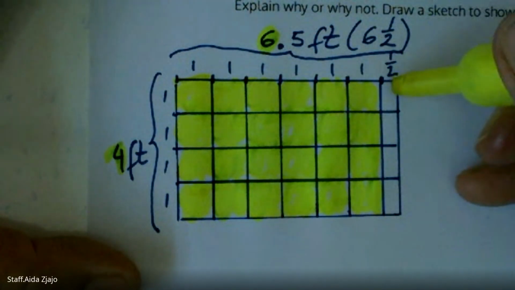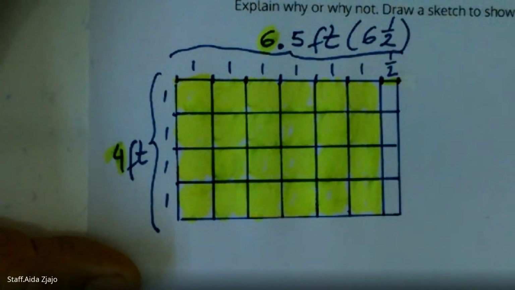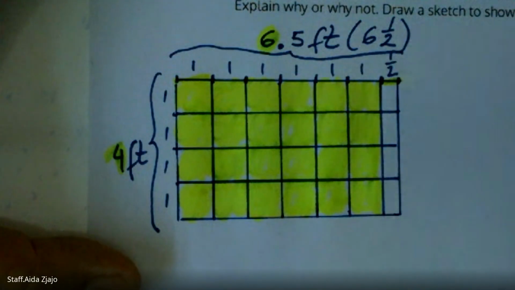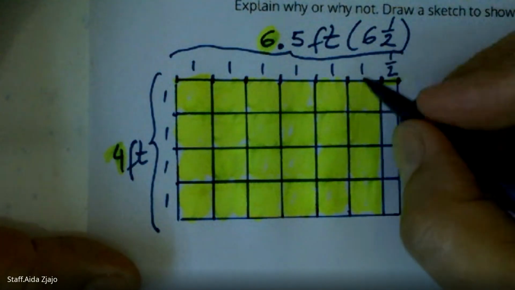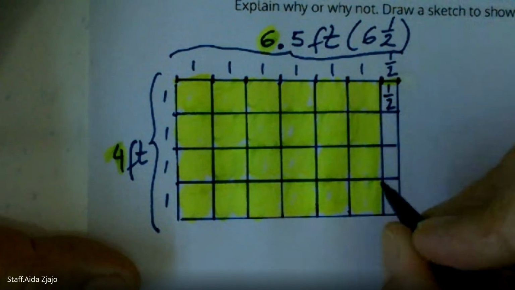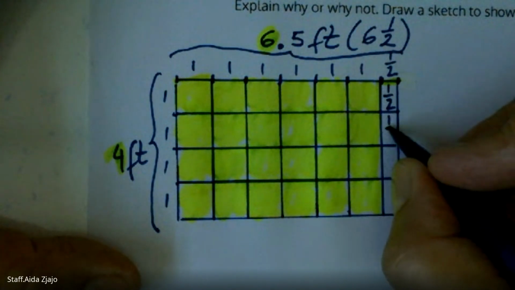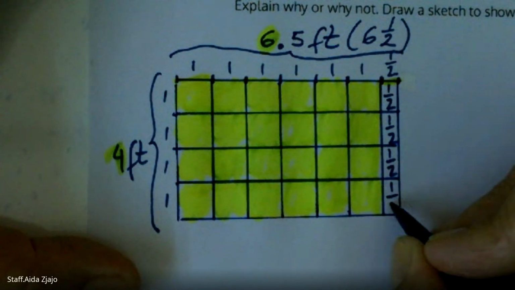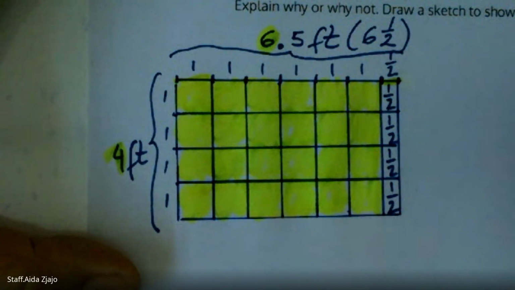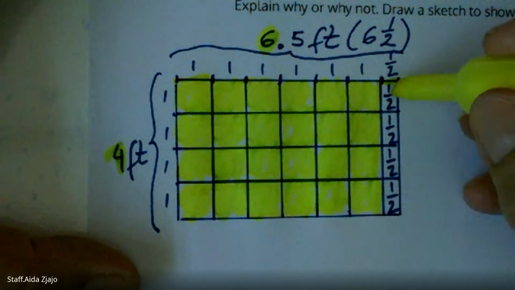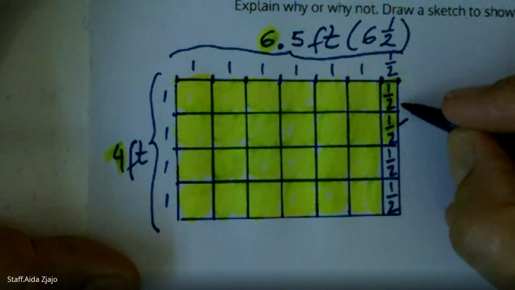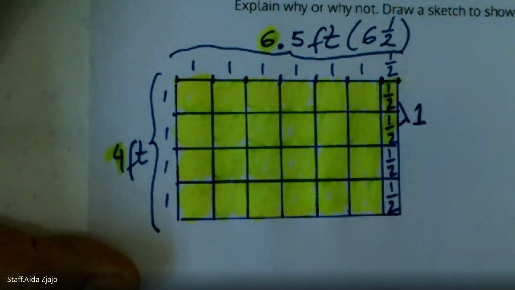Now, this is not a whole foot, it's half a foot. So this is half times 1, so that is half of a square foot. This is half of a square, this is half a square, and this is half. When you look at this half and this half, they will make one whole square.